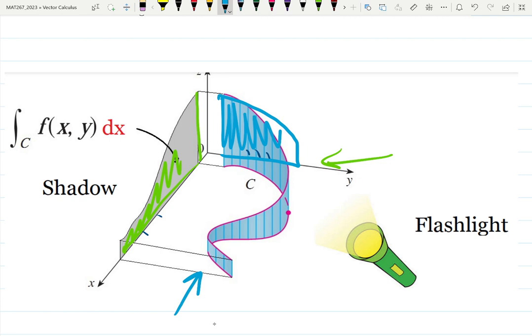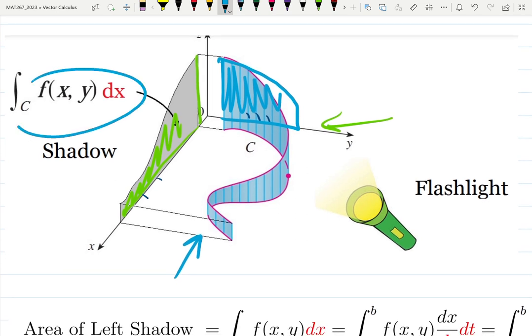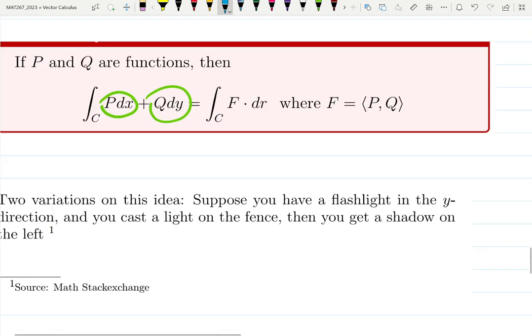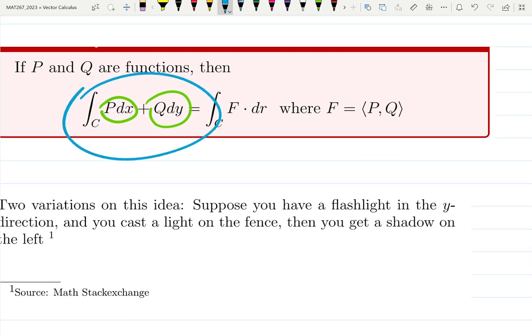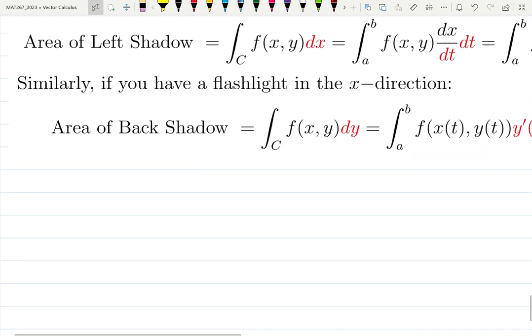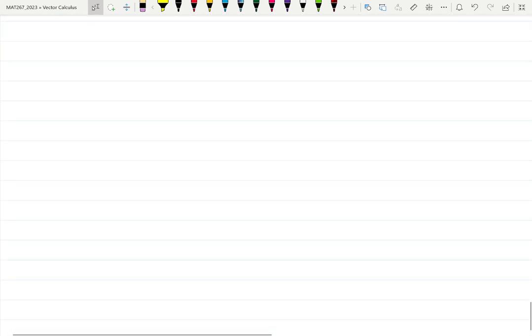Collecting them together gives you the total perspective. Shadow means projection or a domain. With respect to the x-axis it looks like this, but on the y-axis it will be shorter. So the total gives us the total idea of the fence. I like that a lot. This is a pretty cool idea.